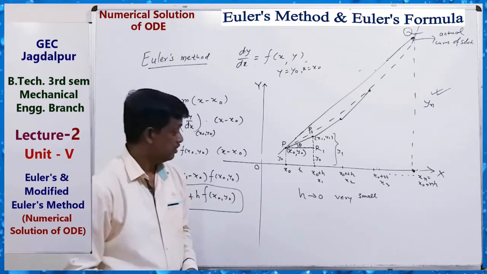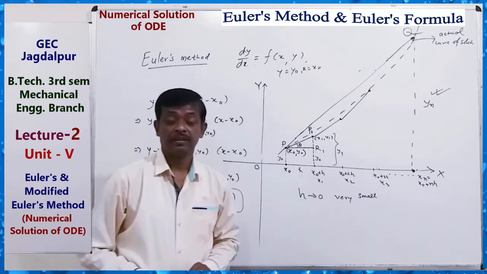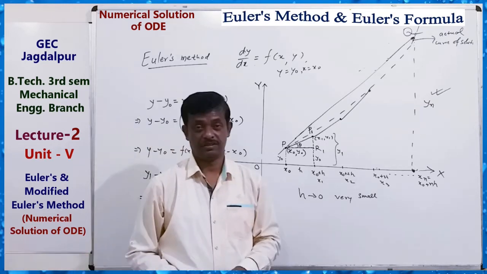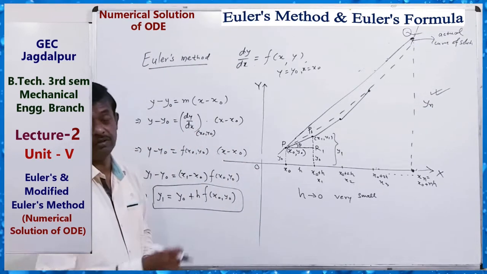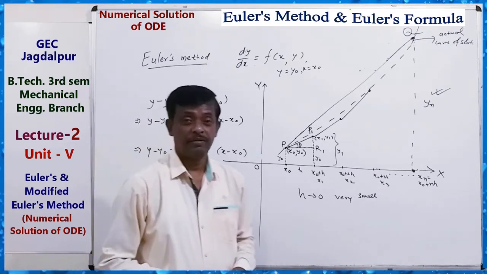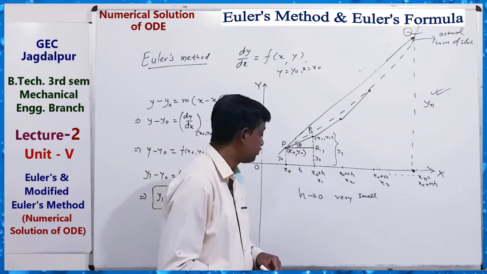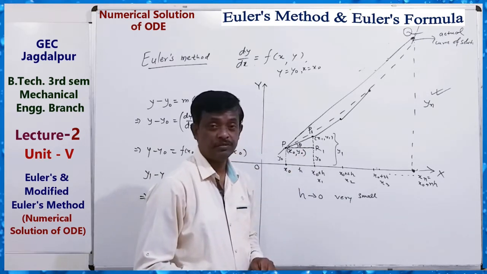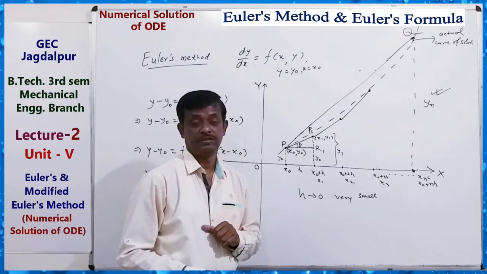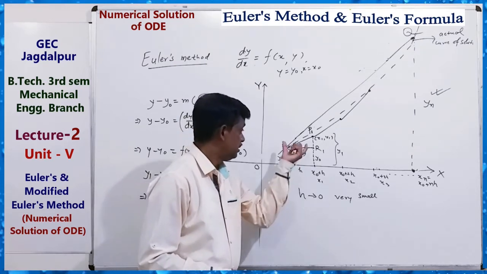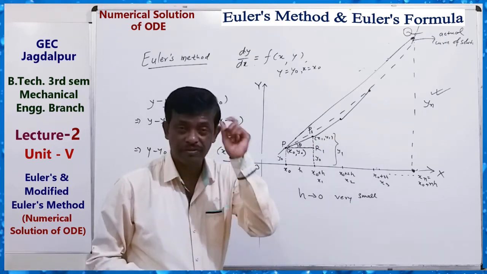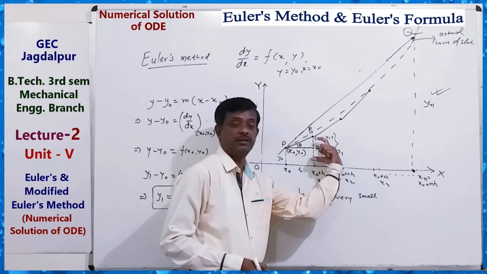Okay. So here we also modify this formula. There is a modified Euler formula. For that, we also use the equation of the tangent, but in each interval we modify the value of y1.